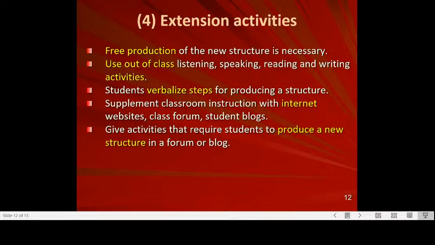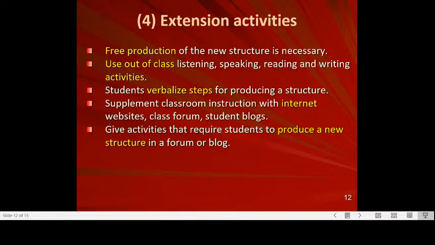Now, the fourth stage is extension activities. Here, the teacher should give extension activities. Extension activities include a free production of the new structure and use of out-of-class listening, speaking, reading, and writing activities.